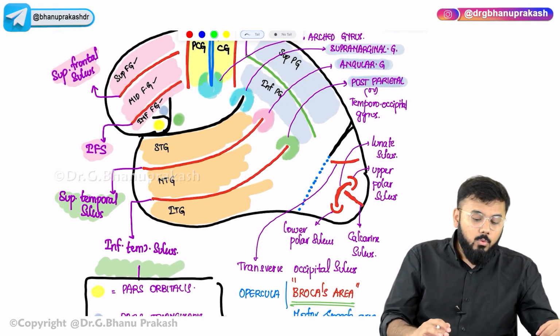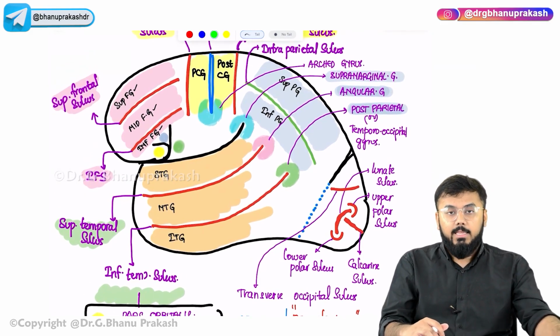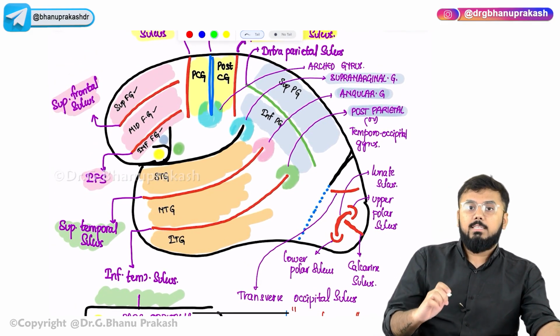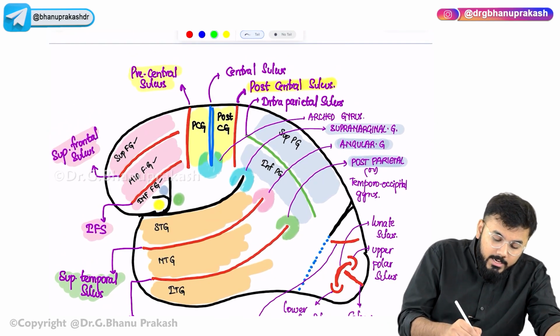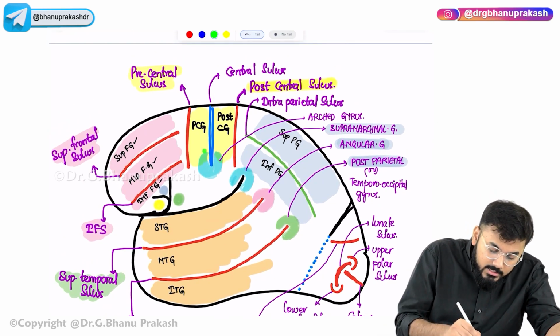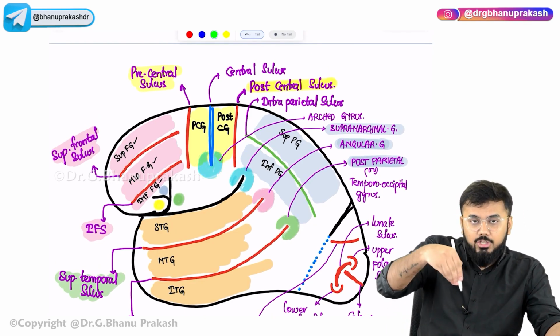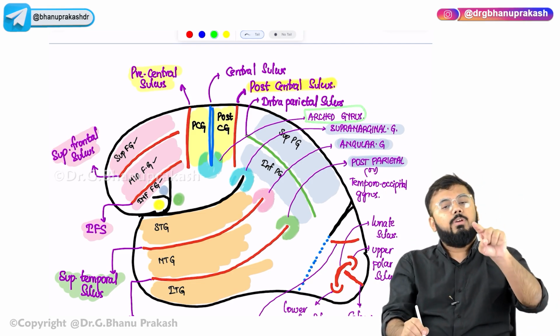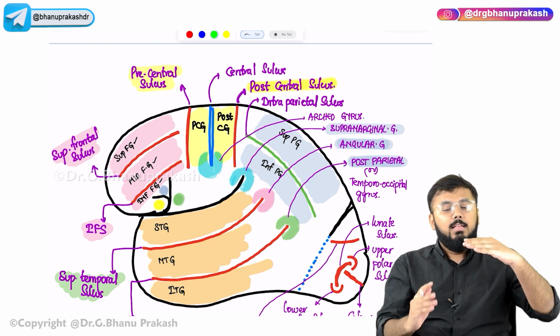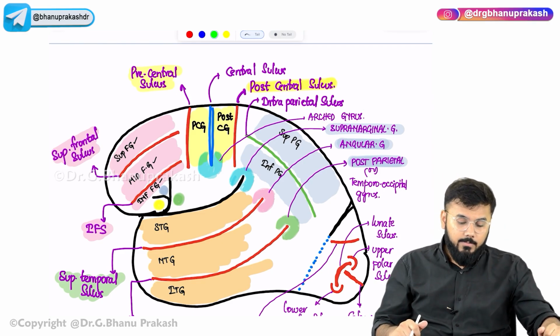Clear? Now, one of the most important things here is that we have to discuss the angulated gyri. That is very, very important. Now, if you look at the central sulcus, surrounding this central sulcus, enveloping this central sulcus, you see an arch-shaped gyrus. That is called the arched gyrus. If I ask you where the arched gyrus is present, what will you tell? That is surrounding your central sulcus.